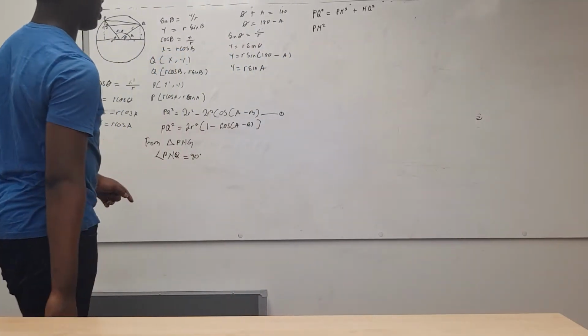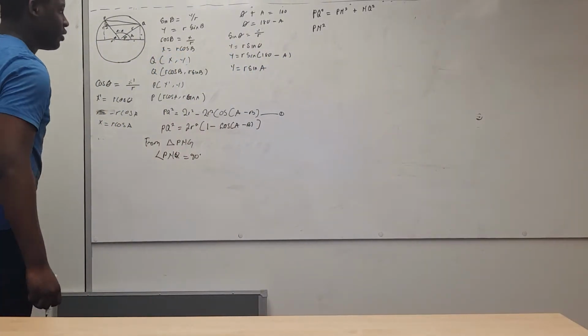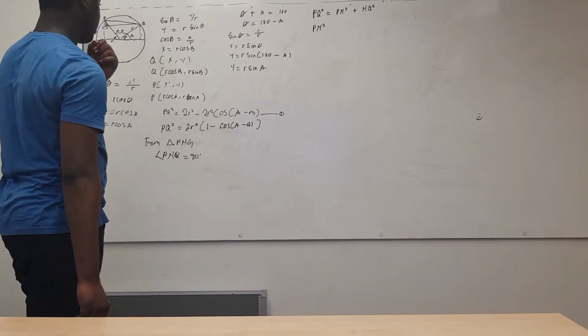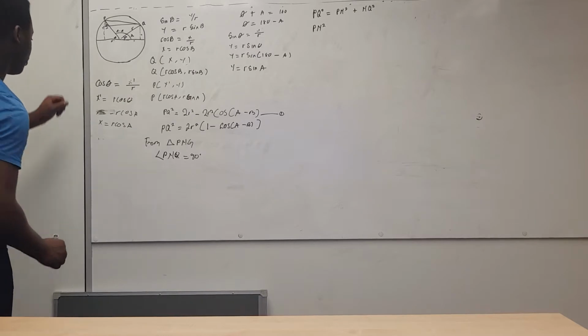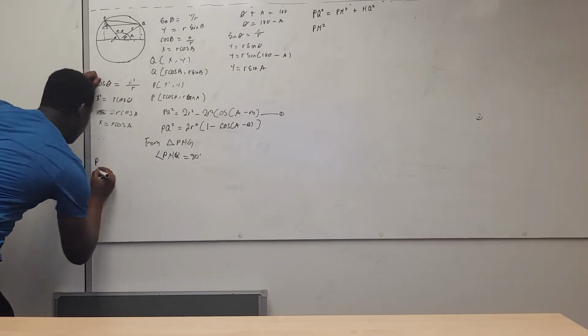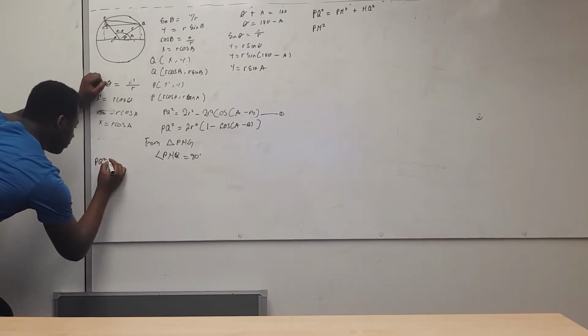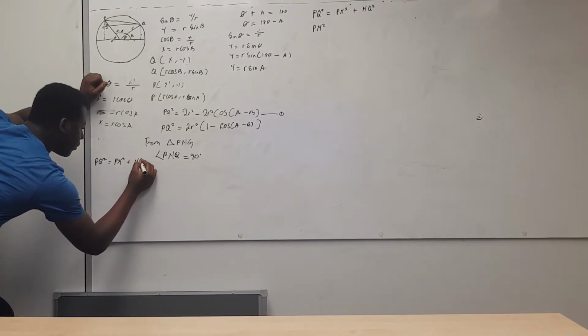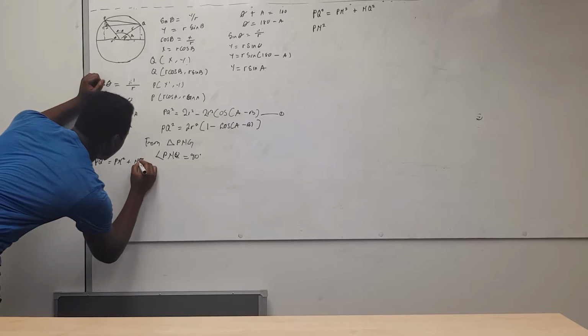I think I should have written this here. I have to kneel down anyway. So we know PQ squared equals PN squared plus NQ squared.